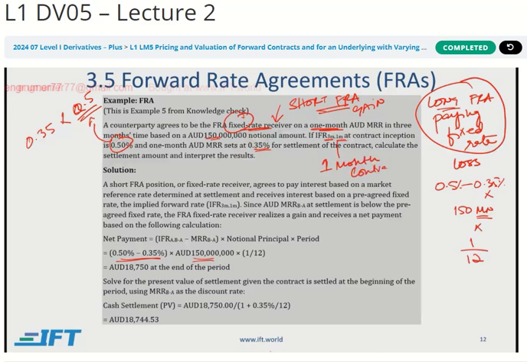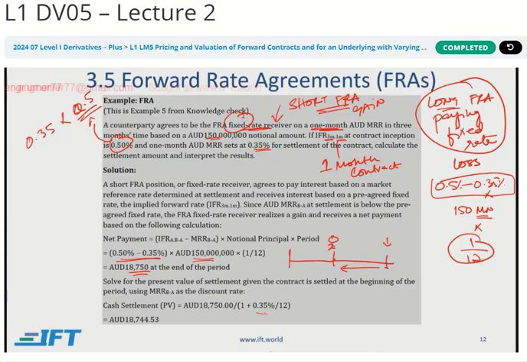So only the interest rate is for the whole year, but since this loan is only for 1 month, the benefit is only going to be there for 1 month, and this benefit is going to be at the end of the period, right? This is going to be at the end of the period, so you need to bring it back to where you are right now.